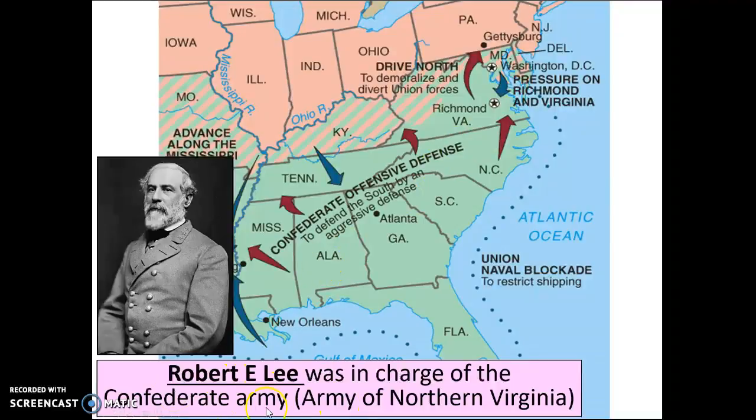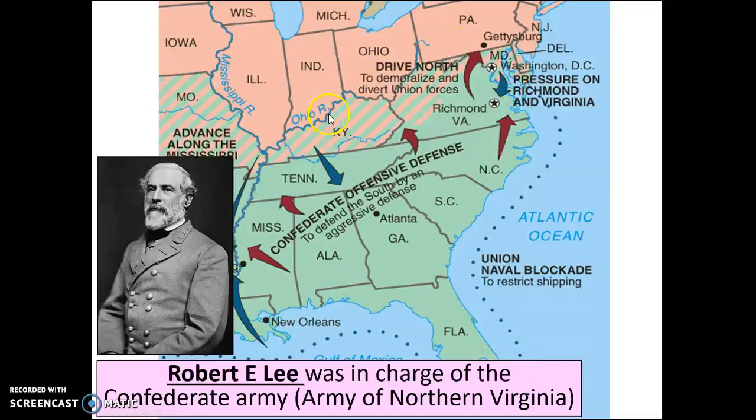Robert E. Lee, probably one of the most significant Confederate generals during the war, and really one of the only ones that we're going to talk about. He's in charge of the Army of Northern Virginia, the Confederate military over here right around Richmond in the northern portion of Virginia. And he's going to be in some of the biggest and most successful battles within the Civil War that the Confederacy is going to win, because he was such a brilliant military strategist.